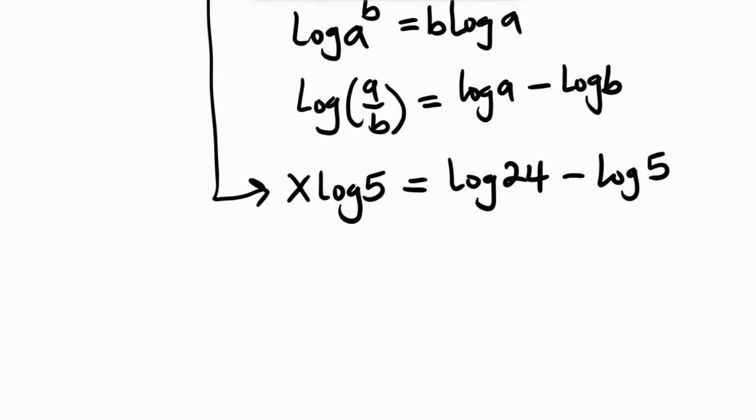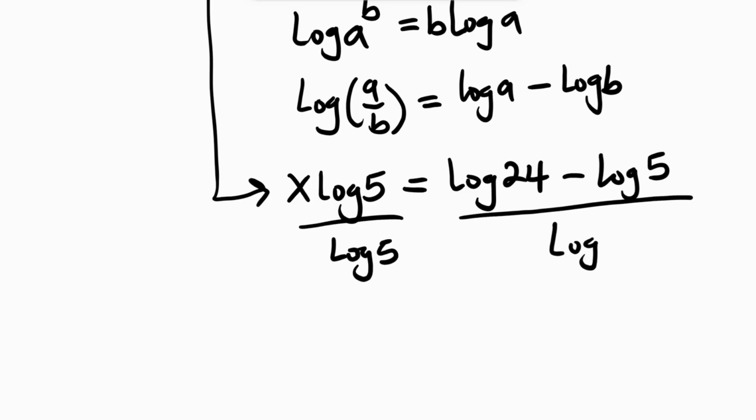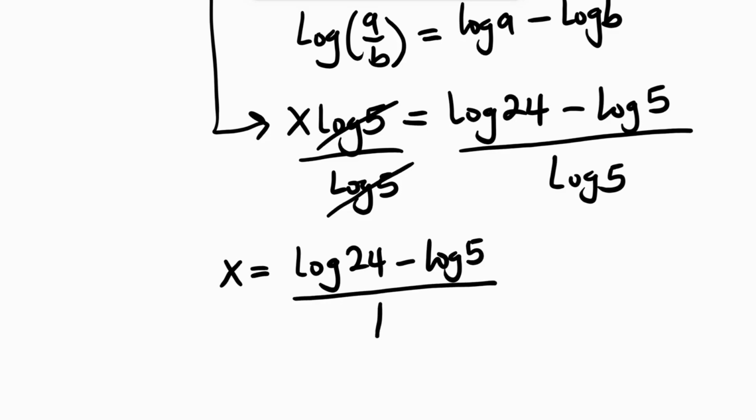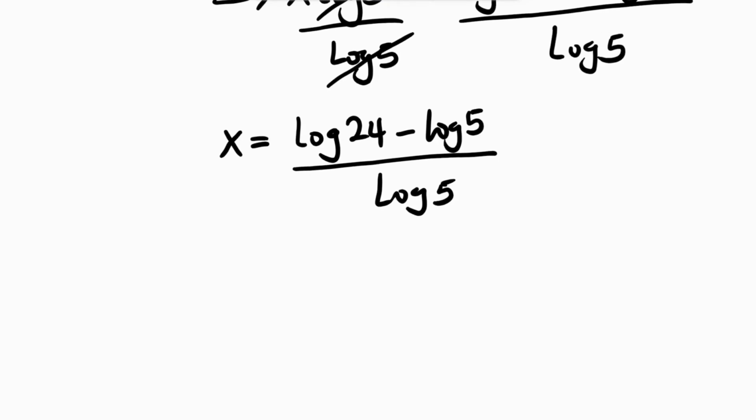So to find the value of x, we divide through by log 5. Log 5 cancels out log 5. So x now is equal to log 24 minus log 5, all divided by log 5. So let's write the right-hand side in standalone fractions.